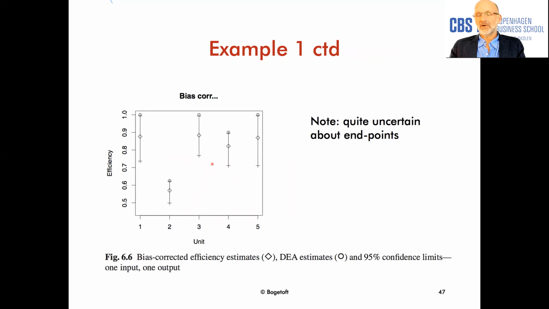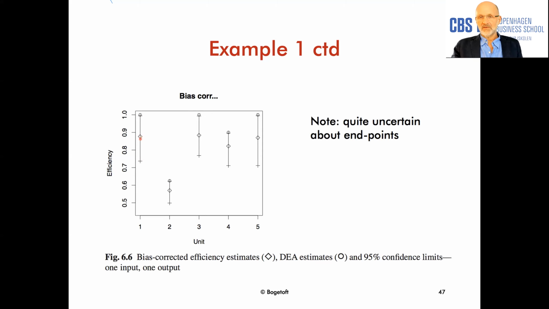Here I have illustrated these same data using this picture, where I show the actual observations, which are the round ones here. And then I have the bias corrected efficiency scores, which is this, and the confidence interval for that. That's this line down here. And the bias corrected efficiency score, if I just use the mean of the biases, is this one here.